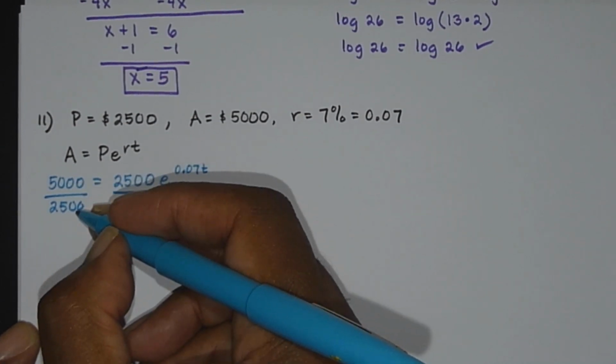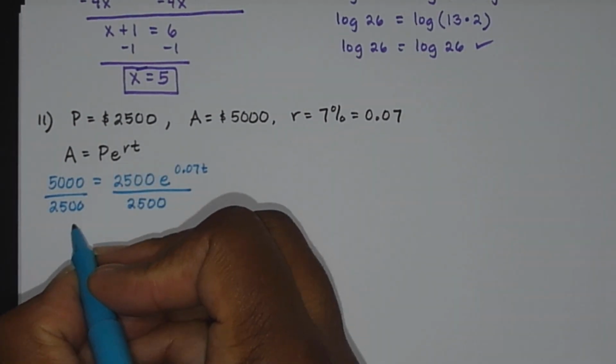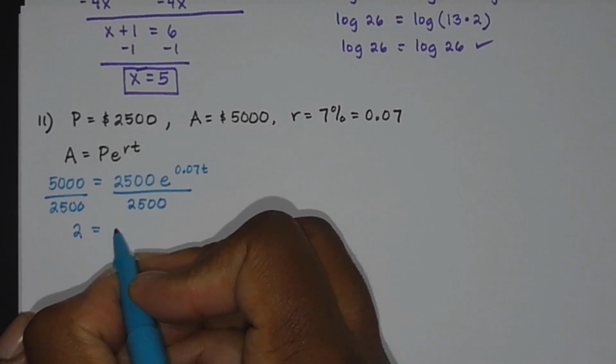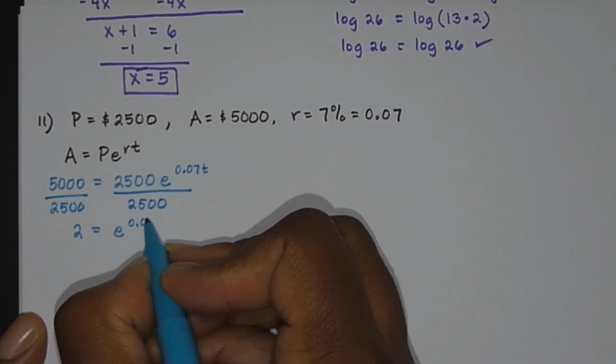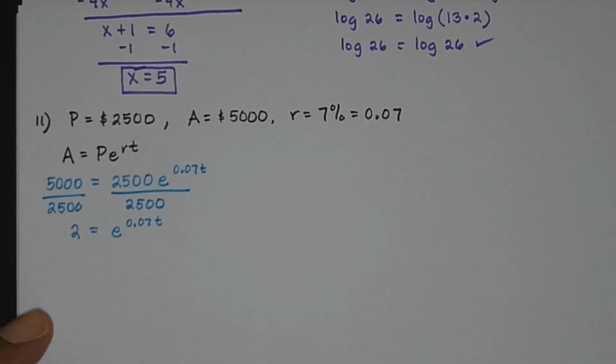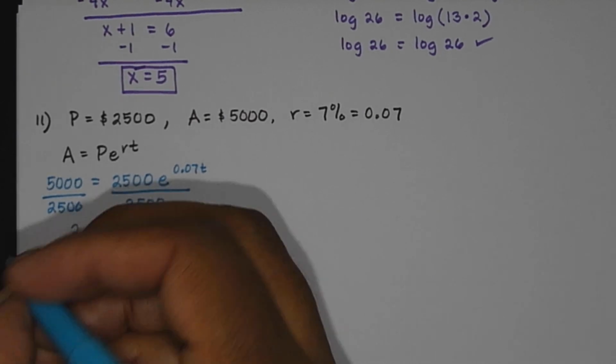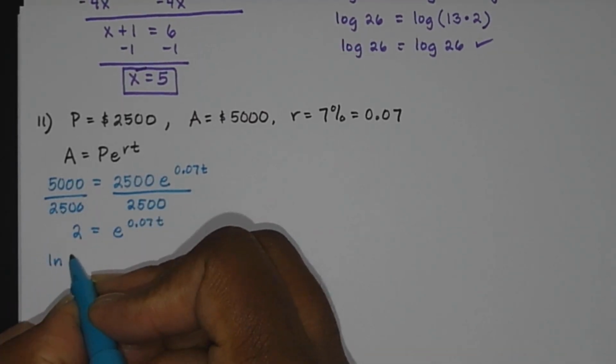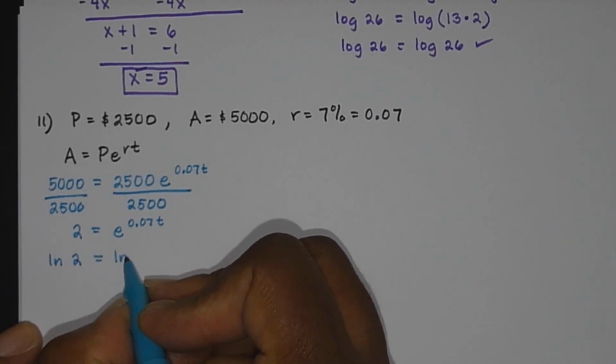So 5,000 divided by 2,500 would give us what? 2. So it'll be 2 is equal to e to the 0.07t. Now we have the exponential expression by itself. So since e and ln are inverses of each other, we'll need to take the natural log on both sides.